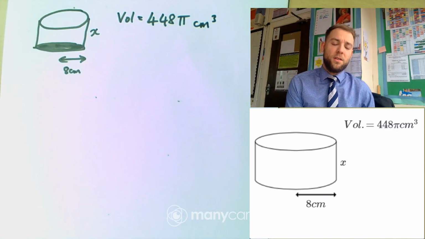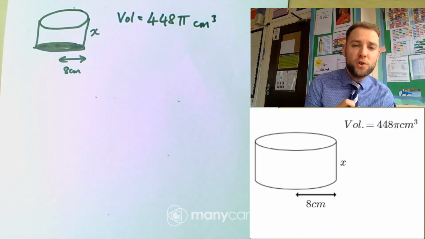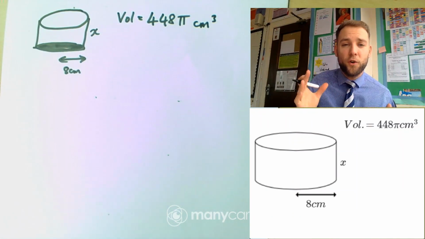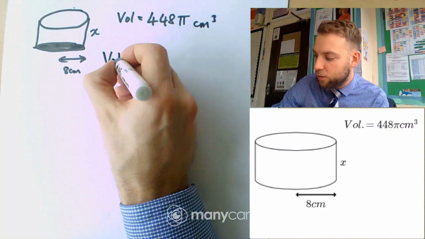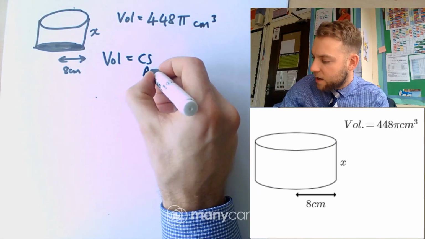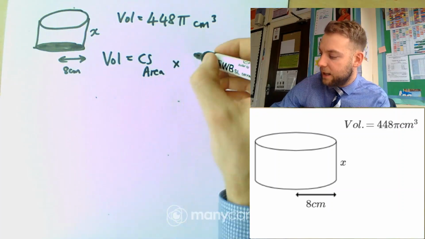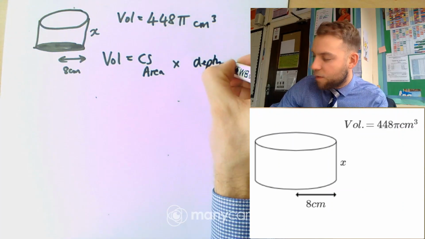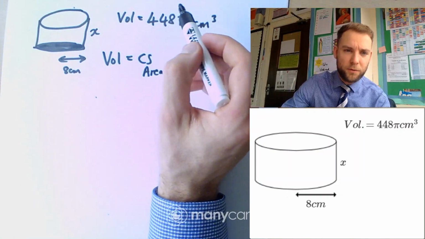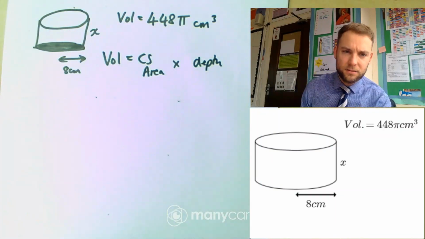So what do I have to do with this? Well, first of all, I need to create that formula. Now, the generic formula for any prism is that volume is equal to your cross-sectional area times by your depth. We know that. Now, the volume in this case is the thing that we've got here. I'm just going to leave that for now.